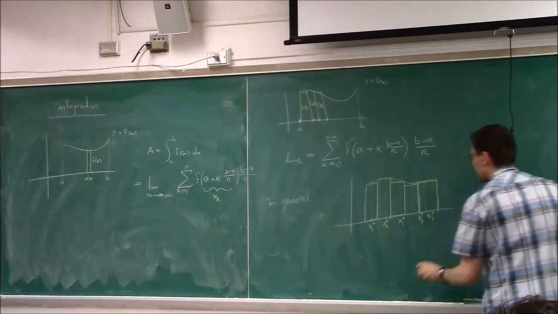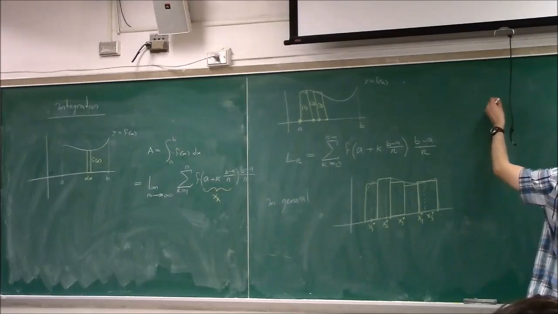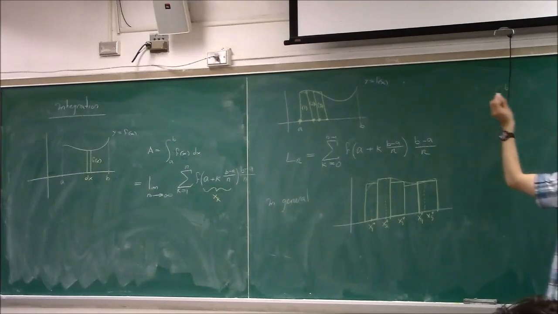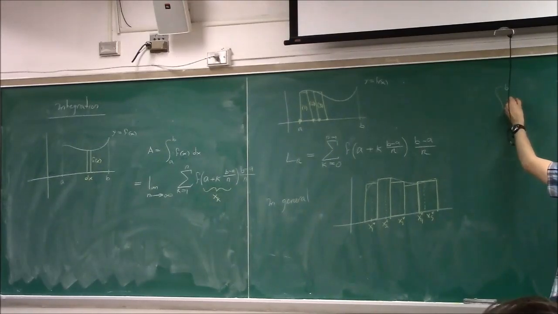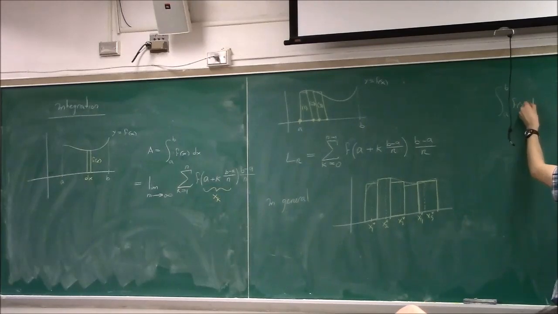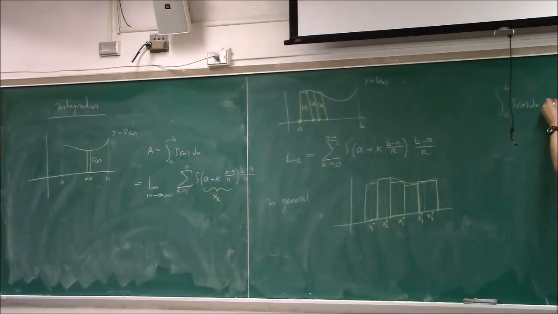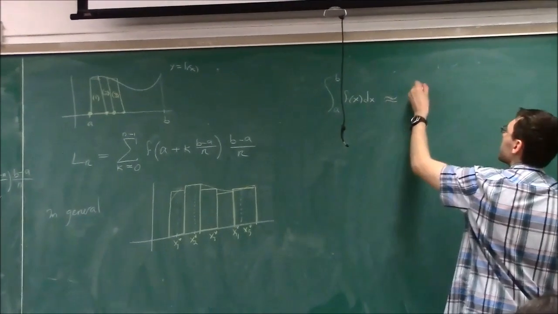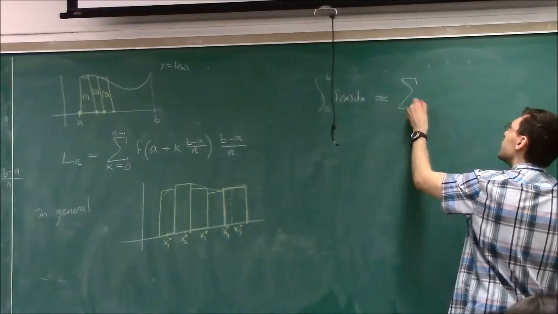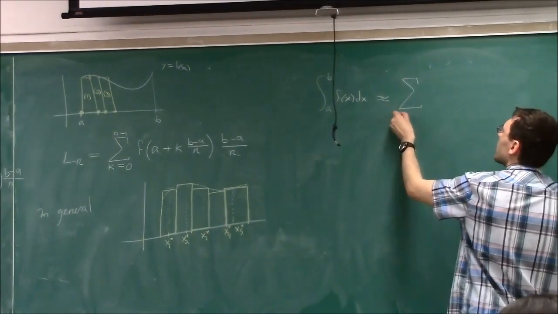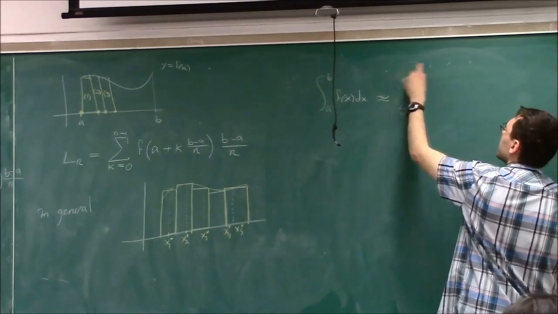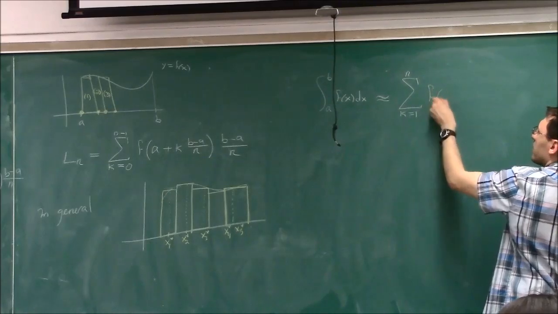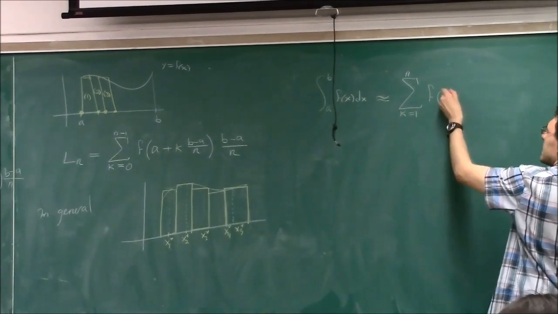And what you have is, typically, you can say that the integral from a to b of f of x dx is approximately equal to the summation where k goes from 1 to n of f of some xk star.